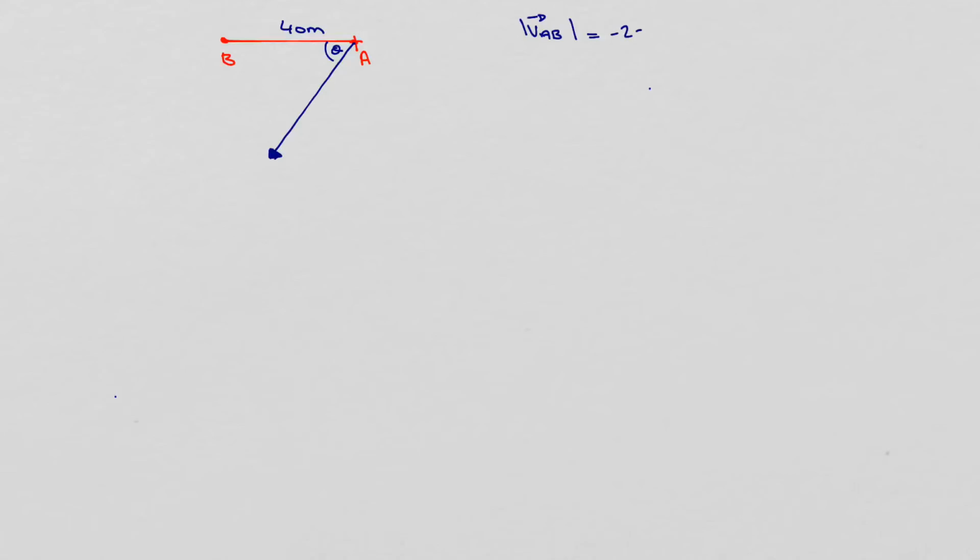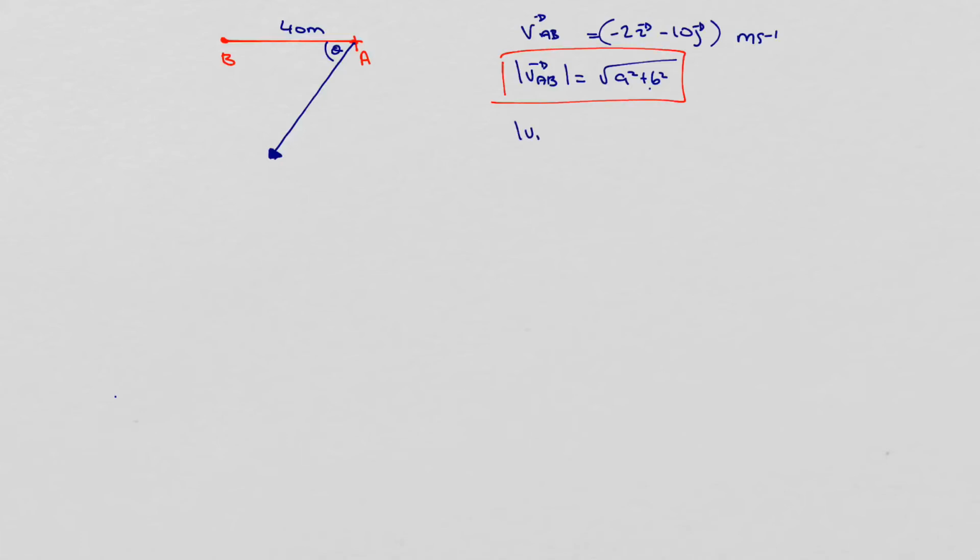I was getting distracted by working out my P. So we have minus 2i minus 10j, and therefore my magnitude, using Pythagoras, A squared plus B squared, is the square root of minus 2 squared plus minus 10 squared.